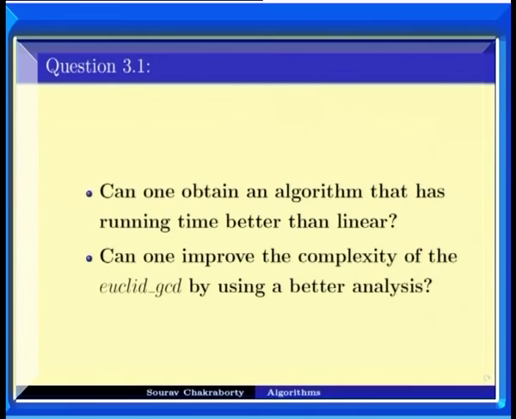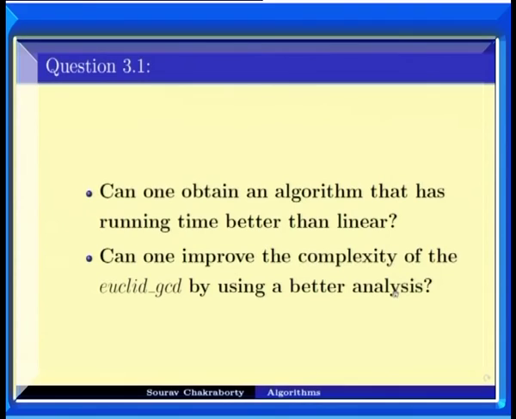Can one obtain a better algorithm than runtime linear? Is it that this runtime is linear because of the complexity of the analysis, or can a better analysis get a better than linear upper bound on the runtime?